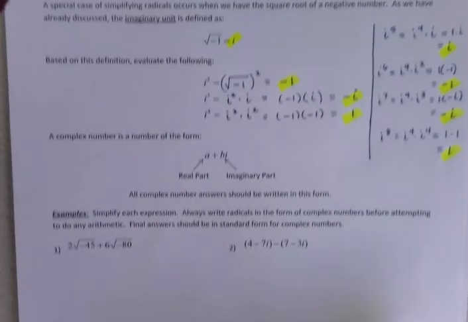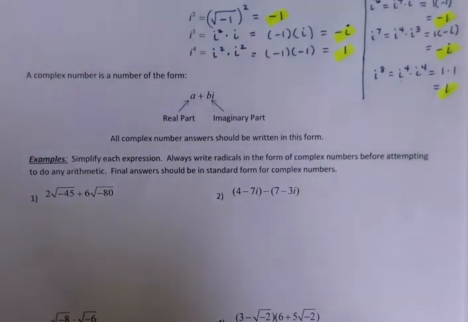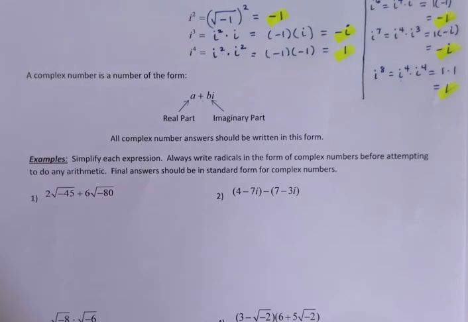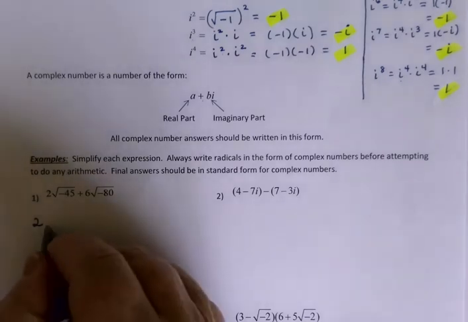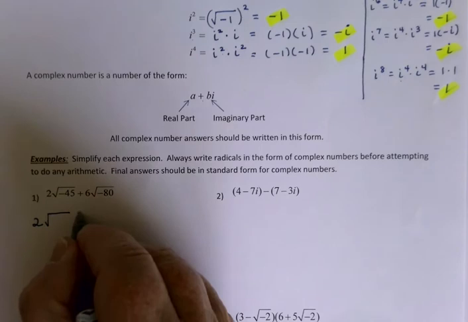All right, so let's take a look at simplifying some radicals that give us imaginary results. 2 times the square root of -45 plus 6 times the square root of -80. So let's see, that -45 under that radical, I'm going to separate that.